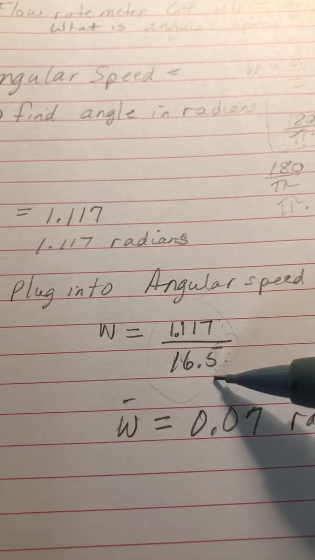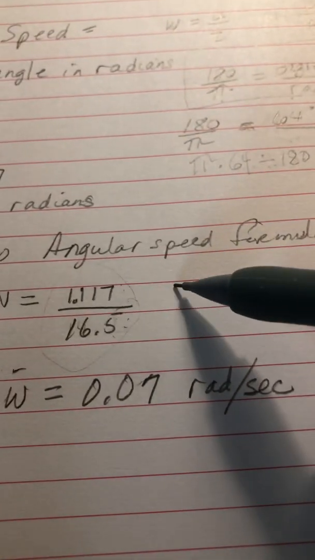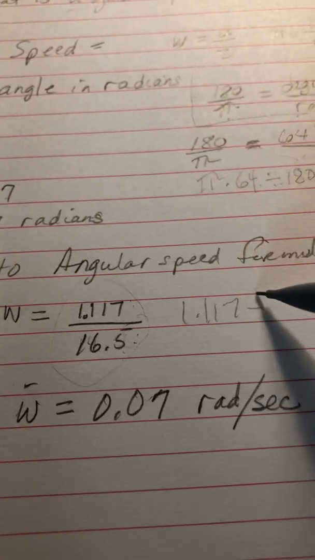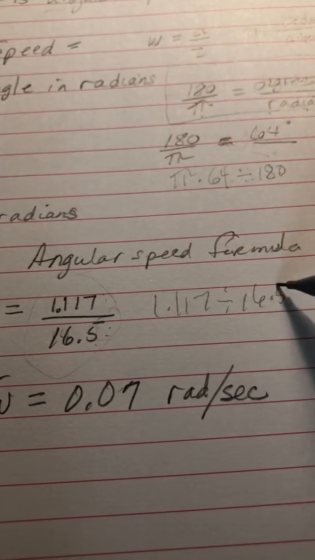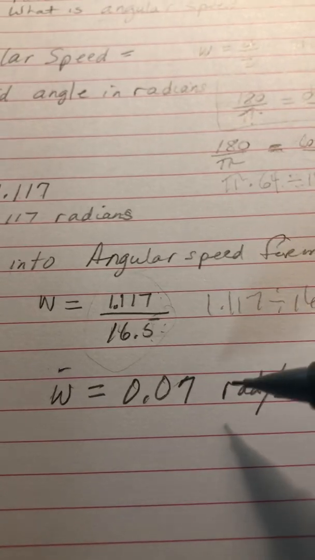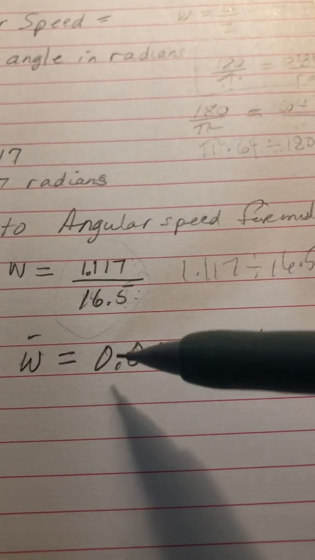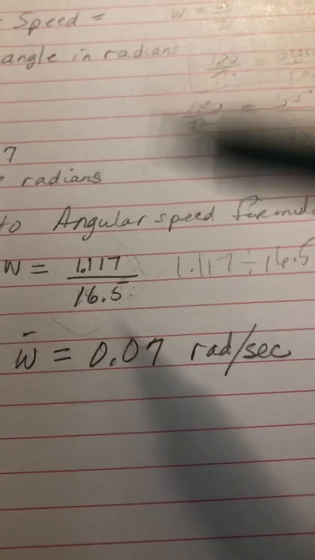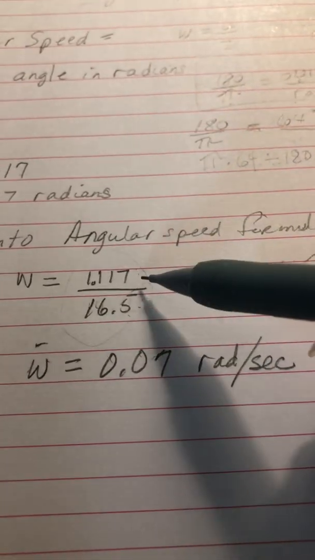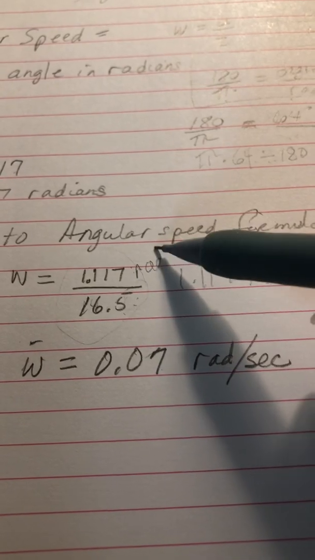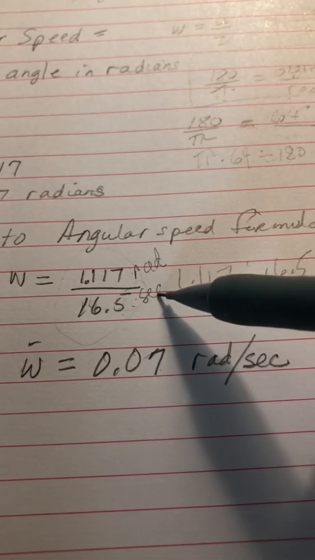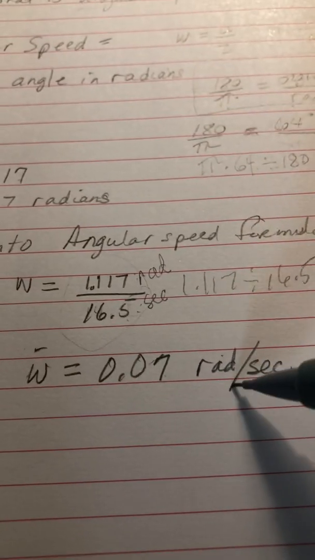The top divided by the bottom, so you plug that into your calculator, 1.117 divided by 16.5, and it's going to tell you to round to 2 decimal places. So my answer rounded to 2 decimal places is 0.07, and the label is, because remember this was set up as radians over our seconds in time, so it's radians per second.